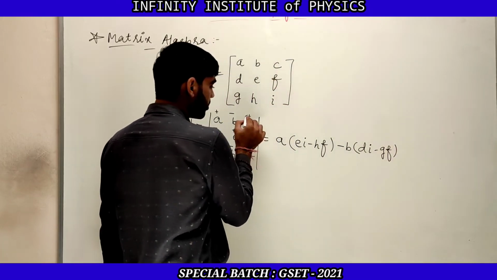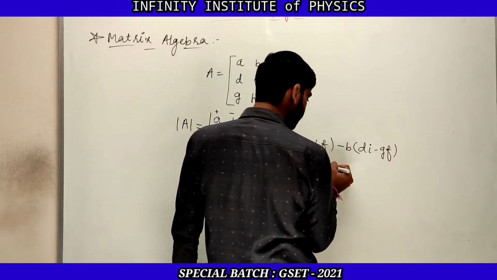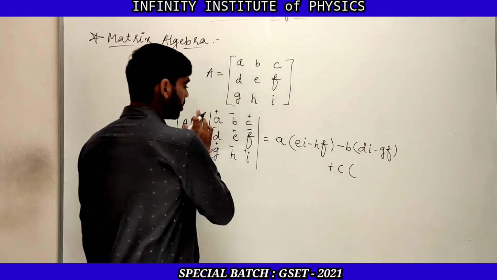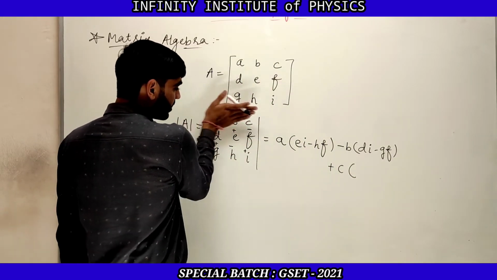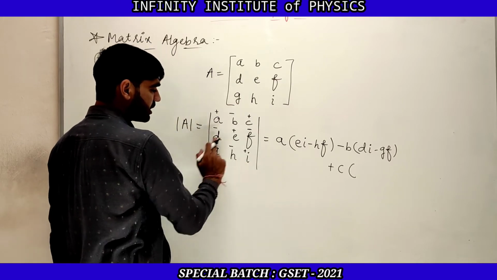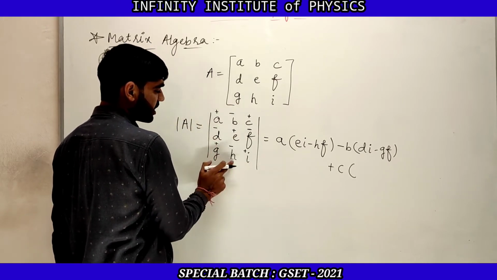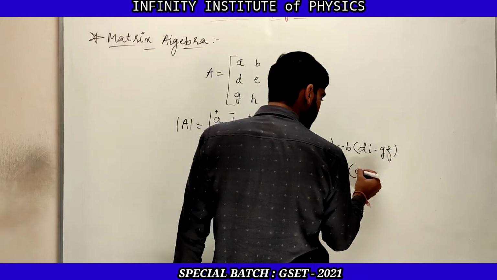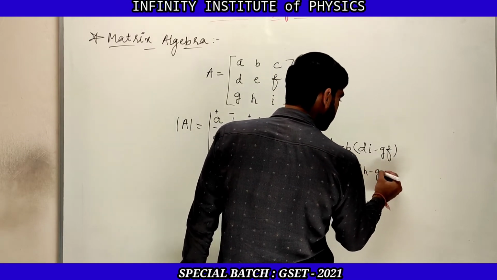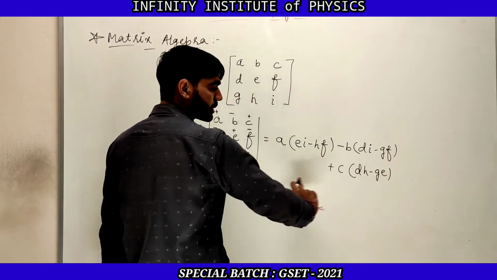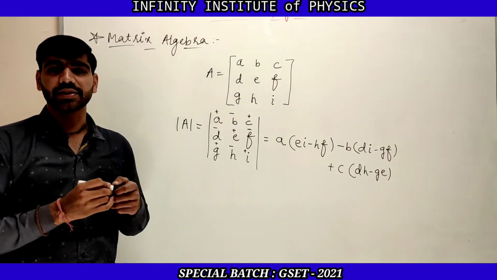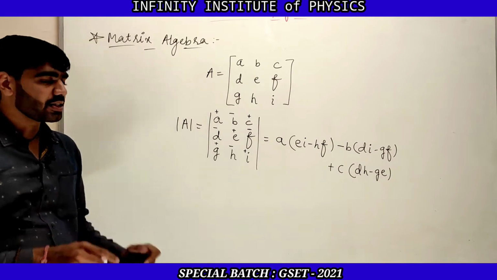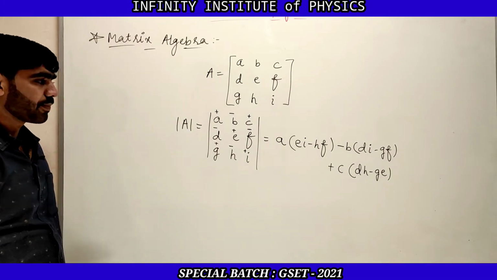And at last plus C into, remove the column in which C is lying, remove the row in which C is lying, and now we need to take the determinant of this 2 by 2 matrix, so DH minus GE. By expanding this we can find out the determinant of this 3 by 3 matrix.